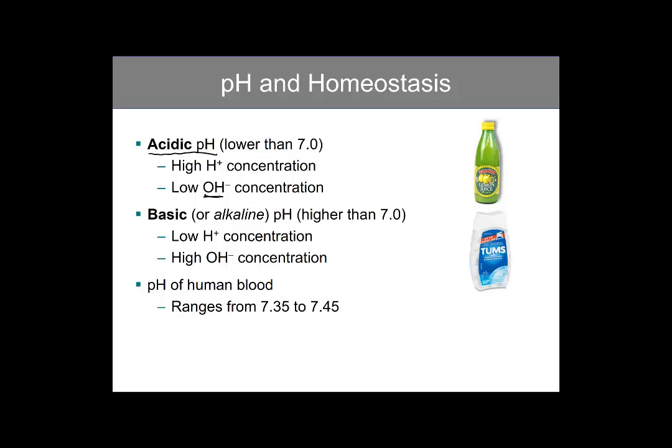Basic or alkaline pH is anything higher than 7.0, and an alkaline solution would have a low hydrogen ion concentration and a high hydroxide concentration. Within the human body, the pH of blood ranges between 7.35 and 7.45, so it is slightly basic or slightly alkaline.